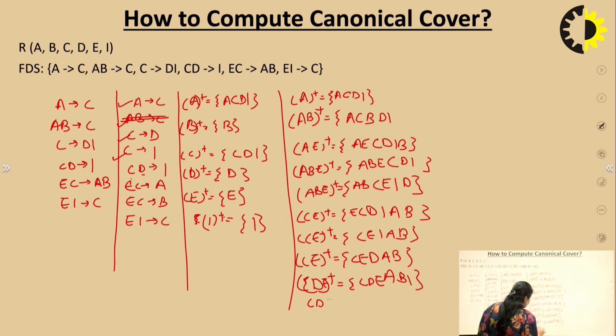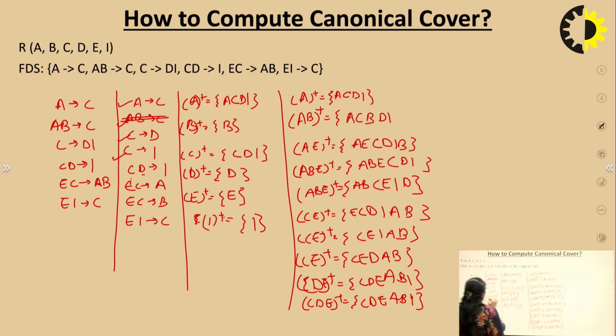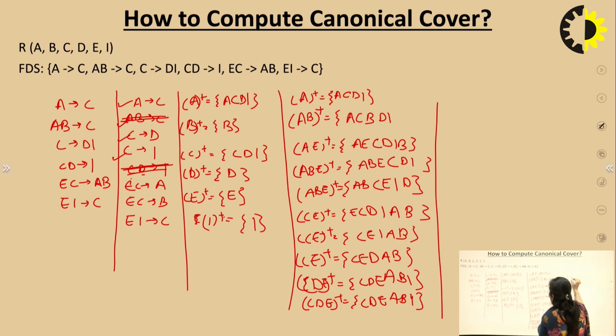Now hide this C, D, E. What we are able to find out? C, D, E. From EC we are able to find out A, B. From C we are able to find out I. So this one is the extra here. Remove it.